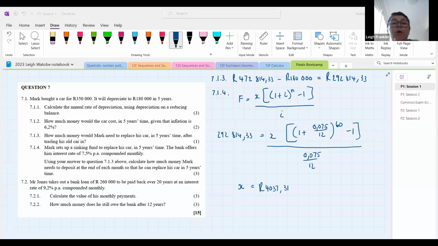You're good. Okay. I see. Did I miss something? Are there people saying you're good? Okay. All right. So you know what to do there. So sinking fund, future value, you're going to substitute in and then solve for x by cross multiplying and then dividing by the square bracket. Okay. All right. Now, question 7.2.